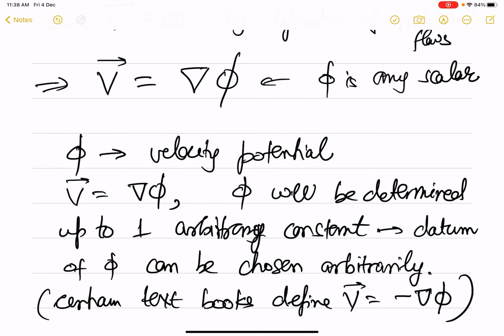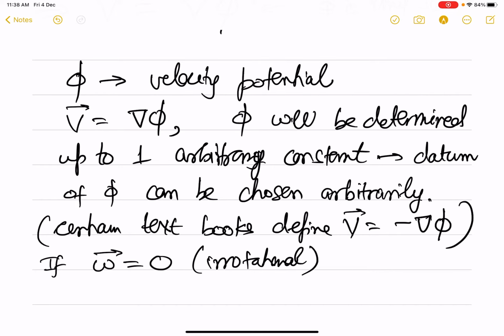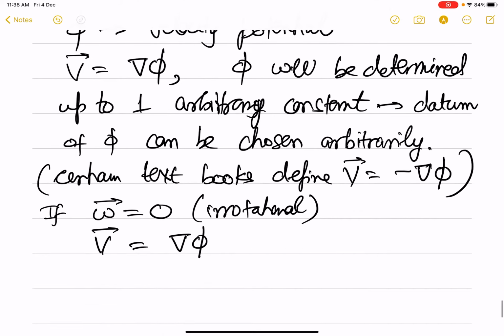So the difference between our phi and the phi in those cases where velocity is defined as minus gradient of phi will be a minus sign, but that will not affect anything. So what we have so far shown is, if flow is irrotational, then velocity can be written as gradient of phi.